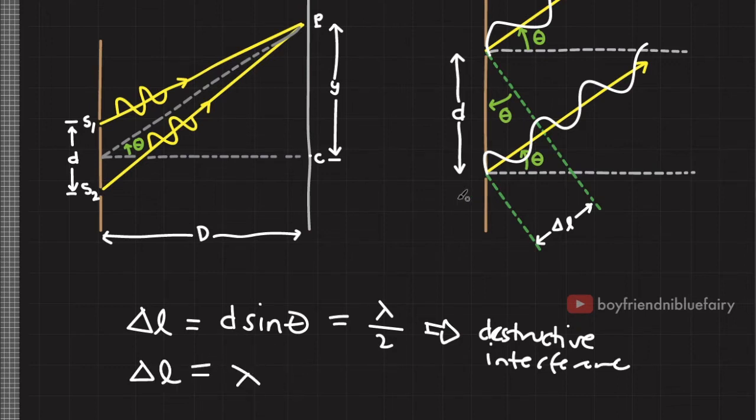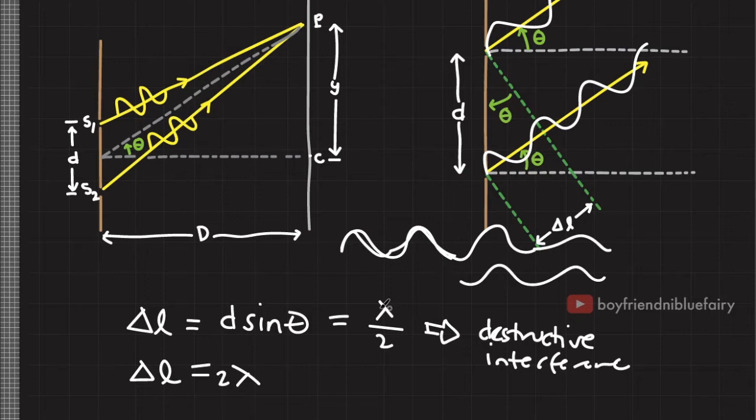If delta L is equal to lambda, meaning if this is wave 1 and wave 2 advances by one wavelength like this, then technically, if I extend wave 1, it is still in phase with wave 2. Even if wave 2 advances by 2 lambda, for example, this is one wavelength and another one wavelength, so it advances by 2 lambda, wave 1 and wave 2 are still in phase.